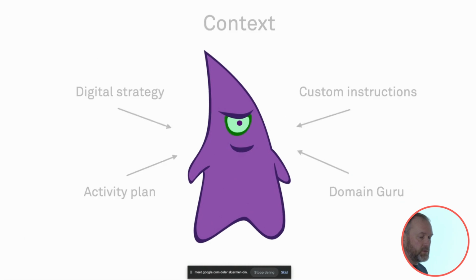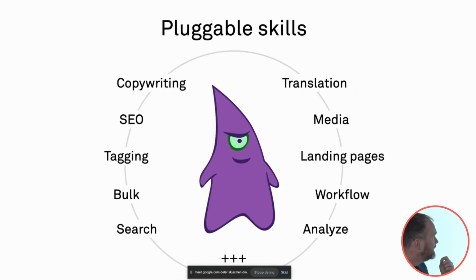And we then provide the AI with different skills. The way we're doing this now is we're making different apps in Enonic. So you can install, tune, and configure different skills for the AI. And it will appear across the system and do different things for you.